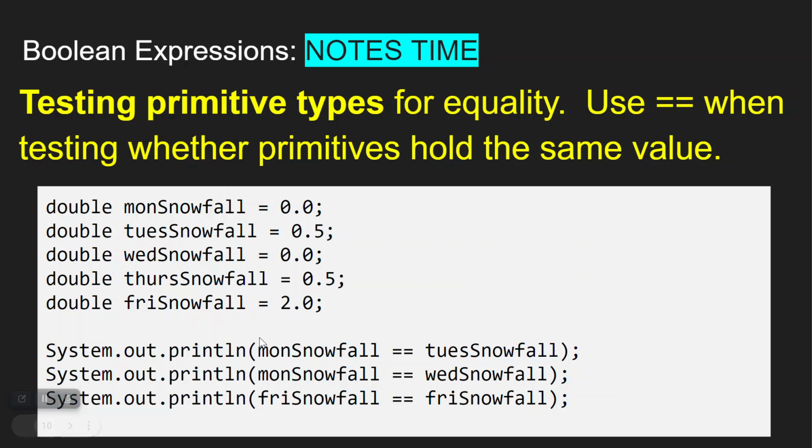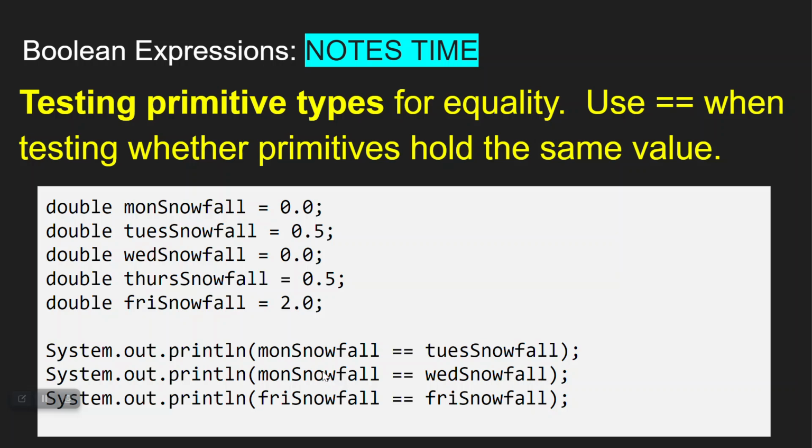We could put them in print statements and say print Monday snowfall equals Tuesday snowfall. What that's going to do is see whether or not this value, 0.0, is the same as 0.5. Obviously it's not, so we would expect that to print false. We could also print Monday snowfall equals Wednesday snowfall.